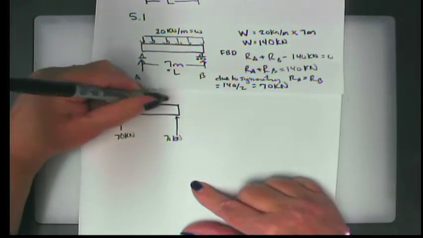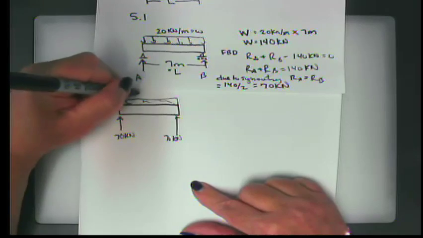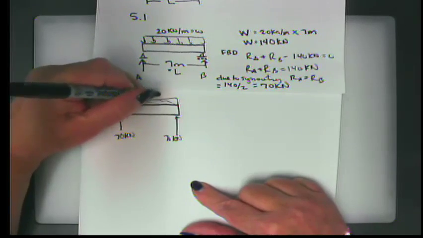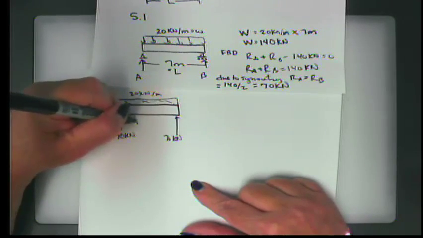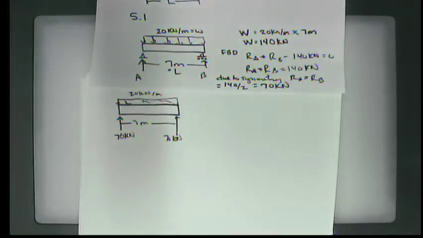And then we have this W, which is 20 kilonewtons per meter for a length of 7 meters, okay? So this is a pretty good representation of our free body diagram.